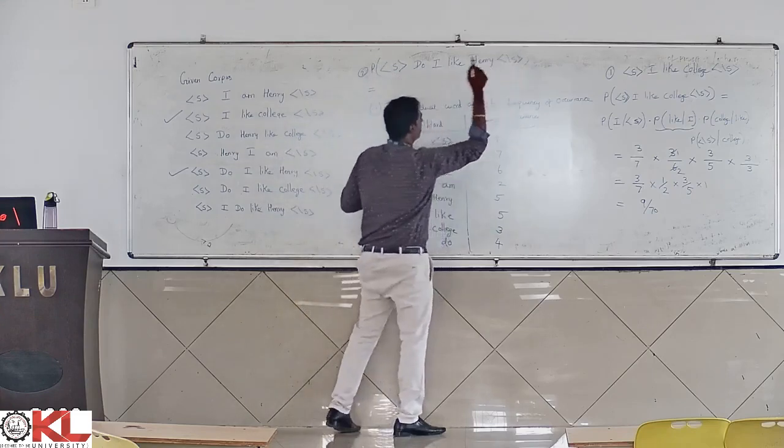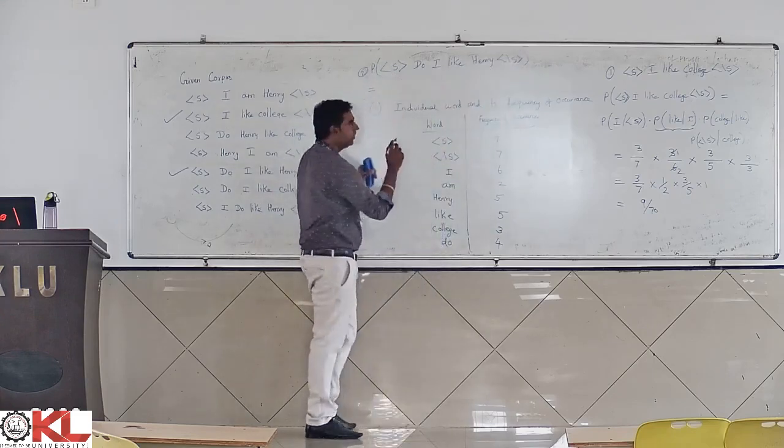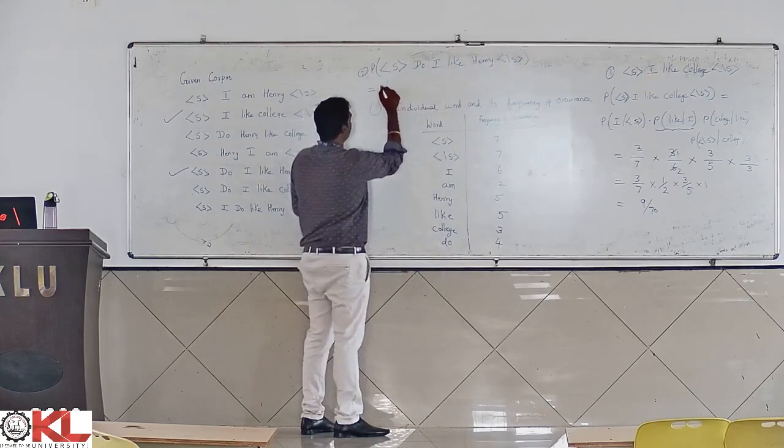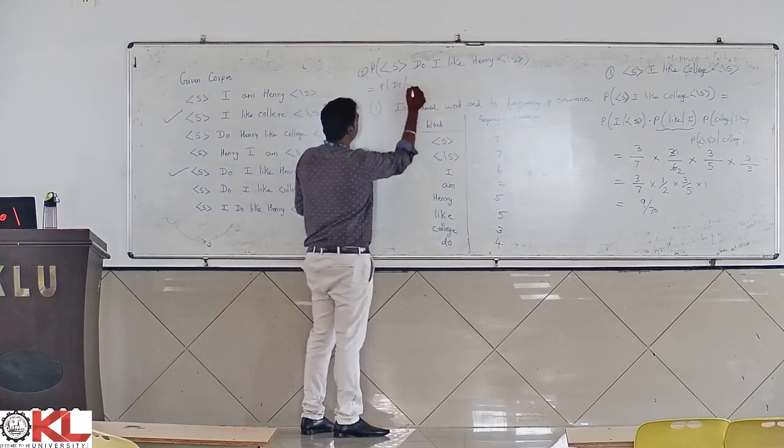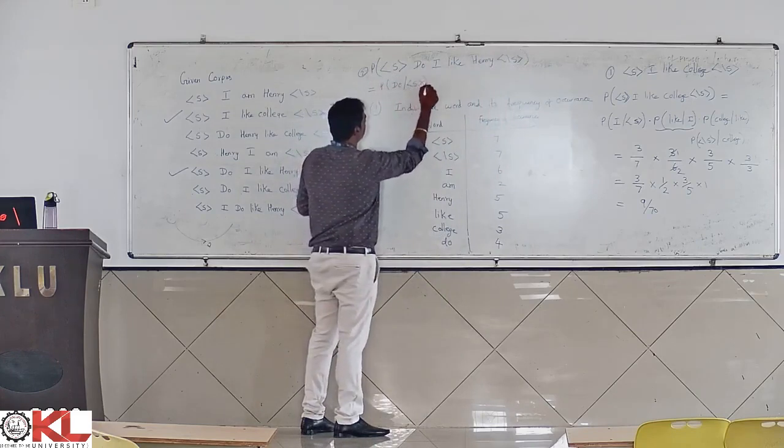The probability of the entire sentence will be split into individual probabilities, that is the probability of do, given the start of the sentence.